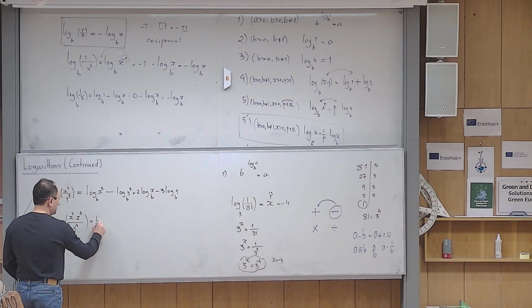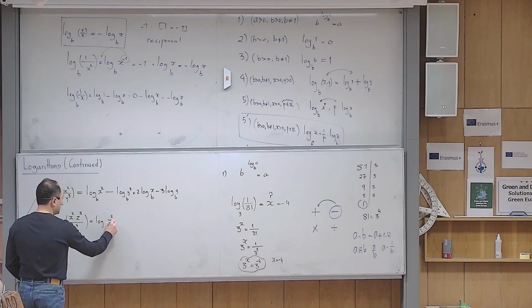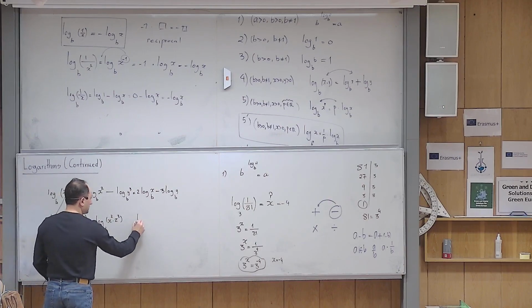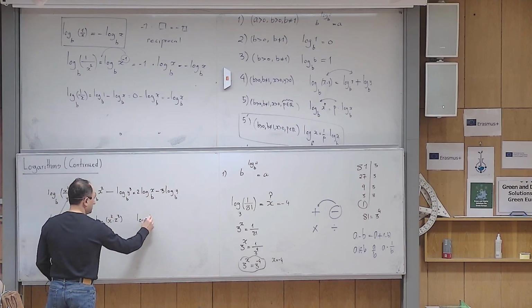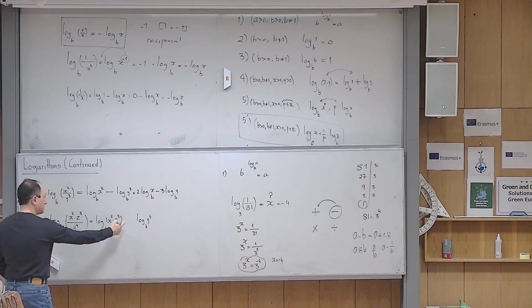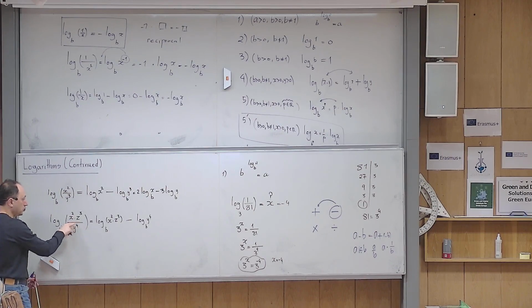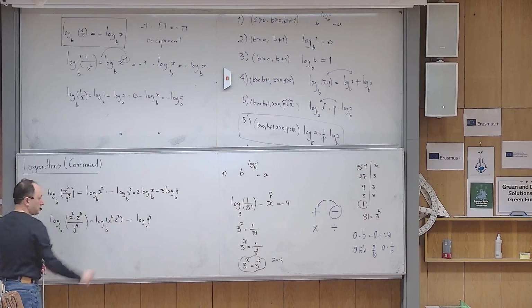I can write the log of the numerator. Yes. I can write the log of the denominator. And what should I do for them? What should I write between them? Minus. Yes, because the first thing I did, I broke the fraction into 2 logarithms. Then I have to subtract.